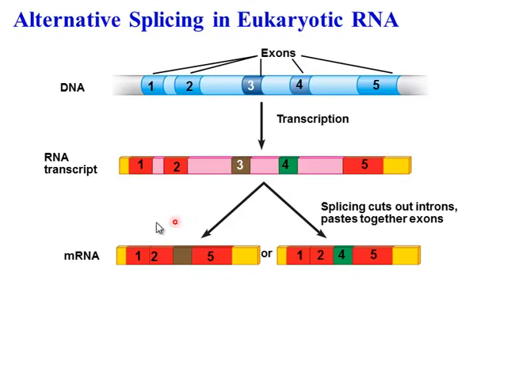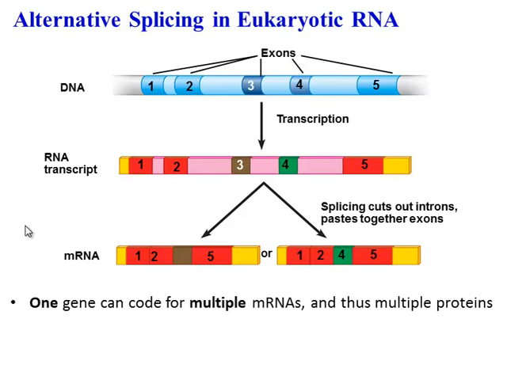And the cool thing about splicing is that you can splice the exons together in different ways. For this mRNA molecule, we've spliced together 1, 2, 3, and 5. In this one, we've spliced together 1, 2, 4, and 5. So the cool thing about this is with one DNA sequence, we can get multiple RNAs, which means multiple proteins.